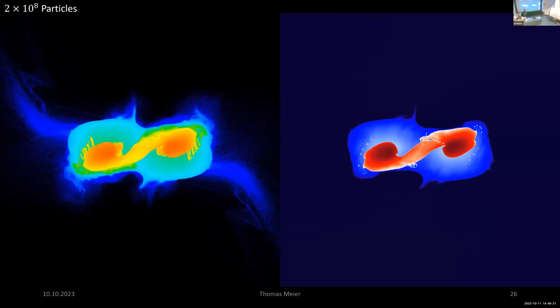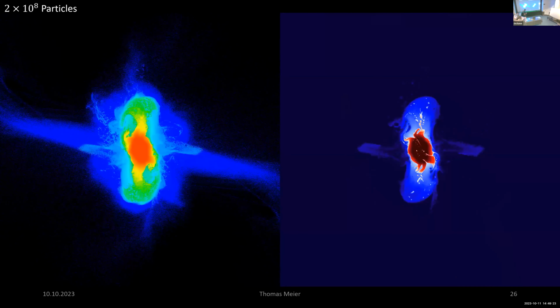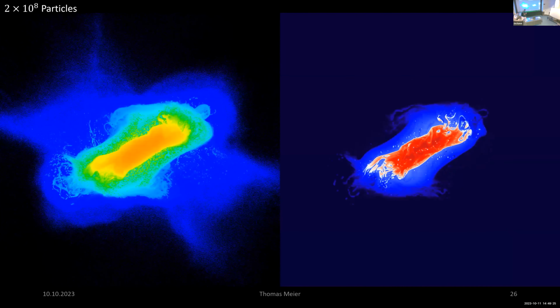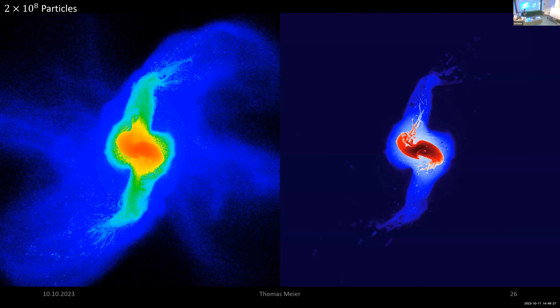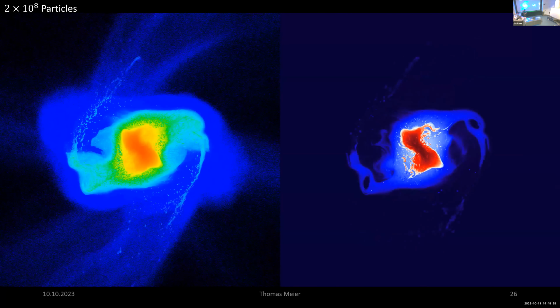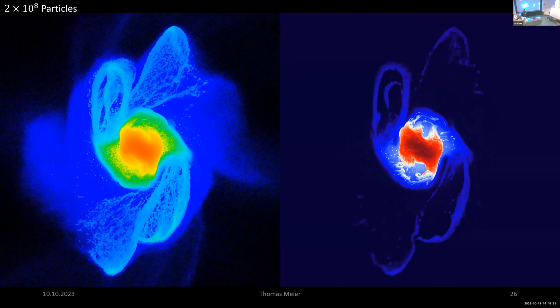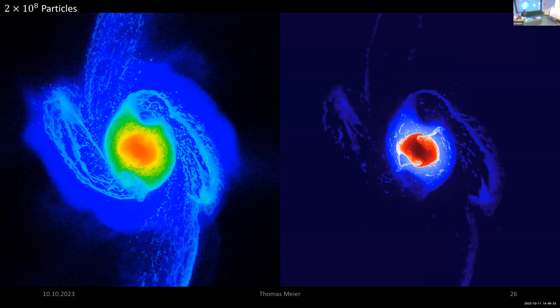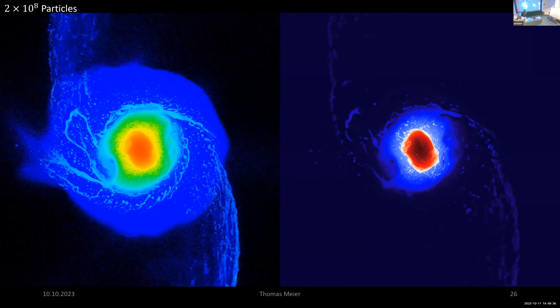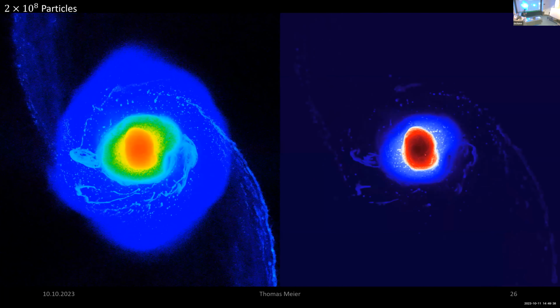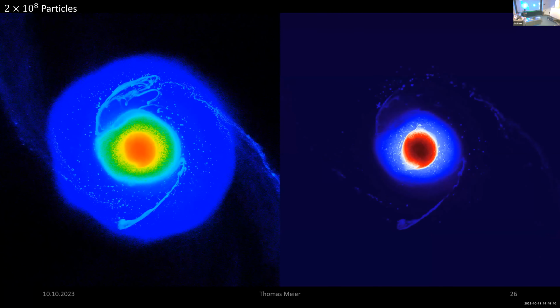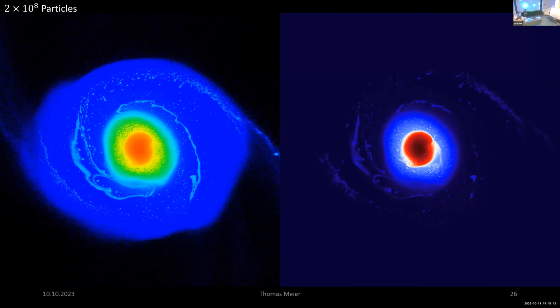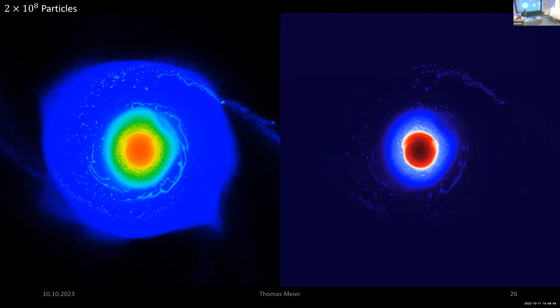And this is a bit better now. So you see these arms that form here. This suspended core material in the mantle that you can see at this resolution. So this is at, what was it, 200 million.